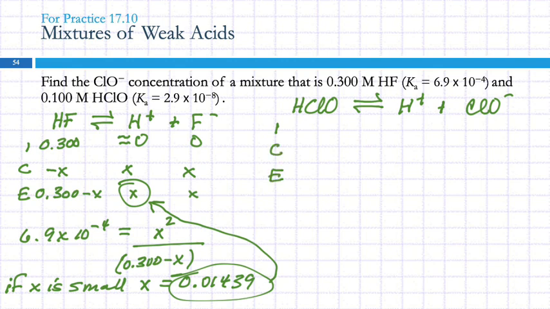So we're looking at the strong acid first. If we were just looking at what the pH was, we could stop and find the pH. But they're not asking us about the pH, they're asking us for the hypochlorite ion concentration. So we're going to take this concentration of hydrogen ion as the starting concentration for that second acid.